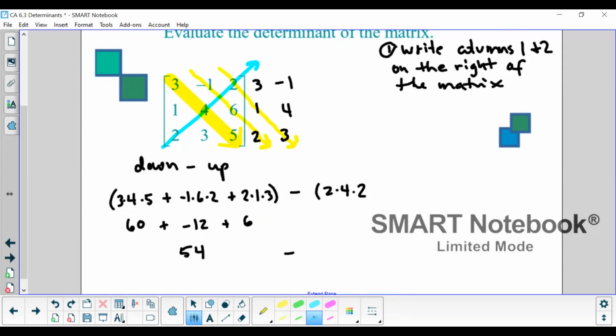The next up diagonal is 3 times 6 times 3. I'm going to add it to the one before. And then the last diagonal, 5 times 1 times -1.